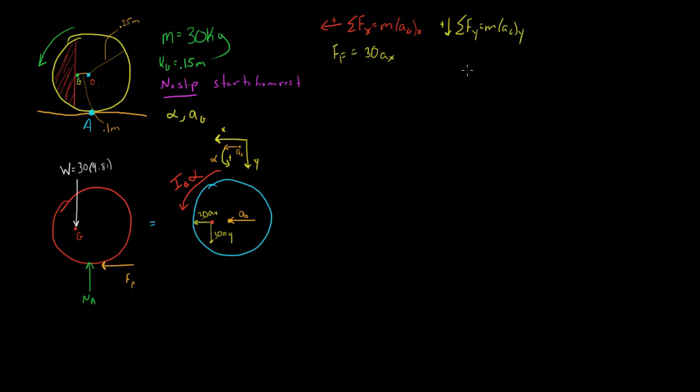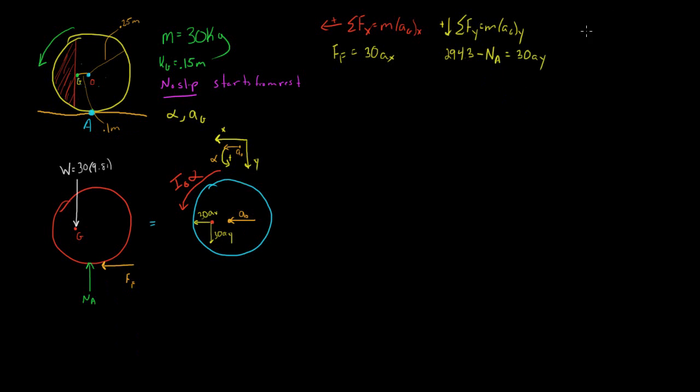And this is going to be equal to a positive weight, so that's going to be 294.3 minus my normal force. This is a minus because down is positive and this is pointing up, and this is equal to my mass 30 times my acceleration in my y direction.